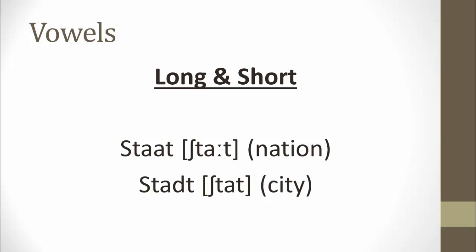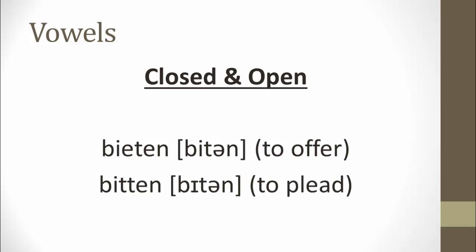With the vowels, we have long and short vowels, and this makes a difference in the meaning of the word, or it can, and it does in this instance, where we have a similar sound, but the length is different. Staat versus Staat. And then we have closed and open vowels. This top one is a closed vowel, bieten, and then the bottom one, the second one, is open, bitten.